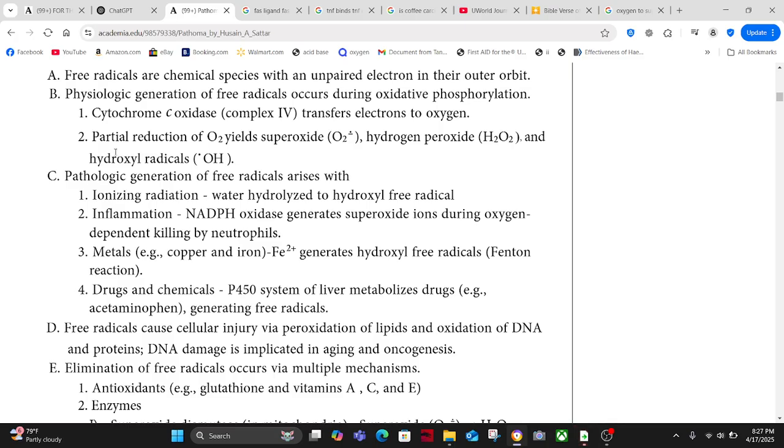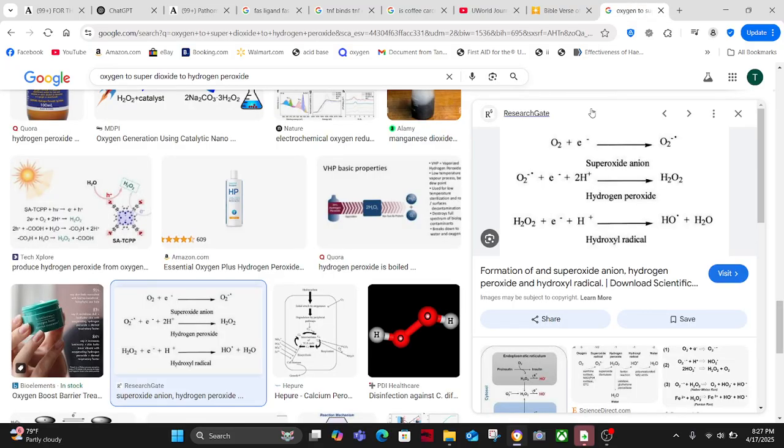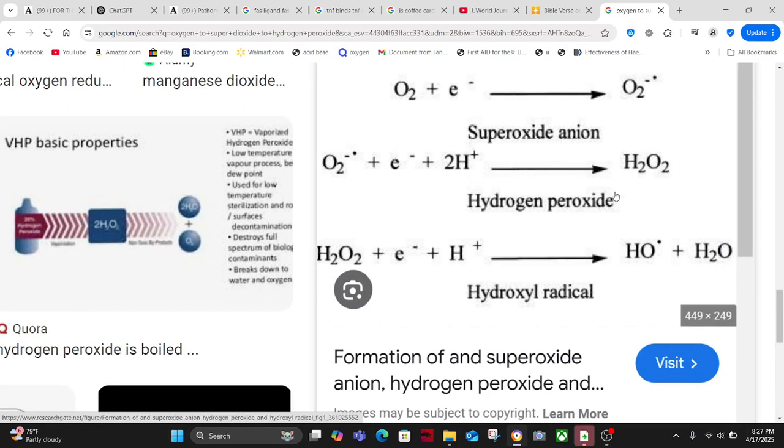When you partially reduce oxygen, oxygen becomes superoxide, superoxide becomes hydrogen peroxide, and hydrogen peroxide becomes hydroxyl radical. So you start with oxygen and add an electron, and you get the superoxide.